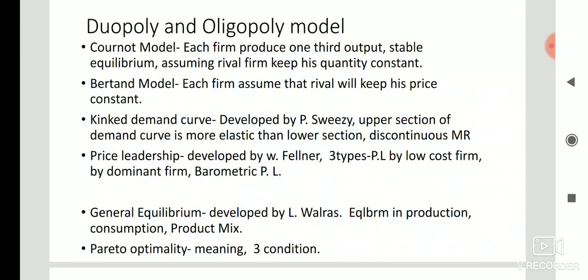In both the Cournot and Bertrand duopoly models, we can find the equilibrium level of output by using the reaction curve approach.